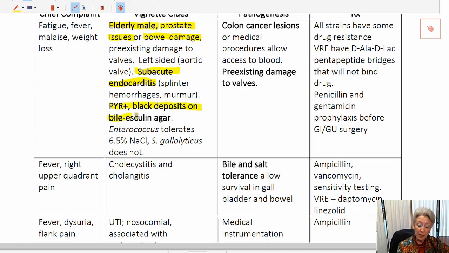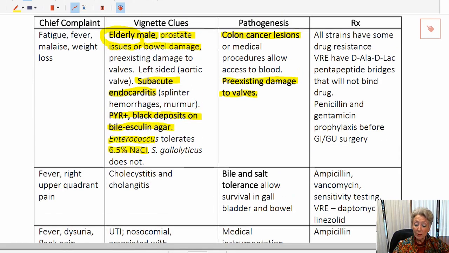Remember the culture on bile esculin agar and the PYR test being positive, Enterococcus being haloduric, meaning it tolerates salt, gallolyticus does not. Remember that most of these come from some sort of lesion in the bowel or urogenital tract. So if you don't know what the escape route has been, you better go back and try and figure it out by colonoscopy. They exist in persons with pre-existing valvular damage, but again, it may be nothing more than simply being elderly that is causing that problem.